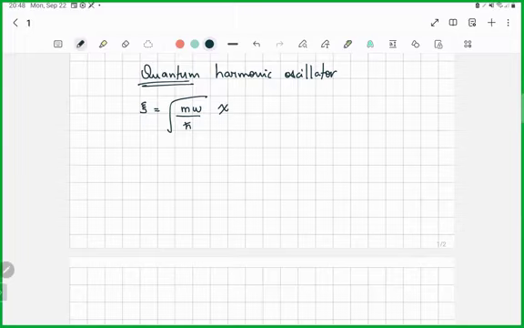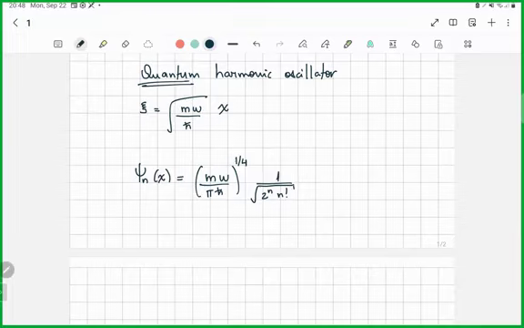And what is the solution for the harmonic oscillator? The solution is, this was the normalization factor for the ground state, okay? But for the first excited, second excited, we have more terms, which are contained in the square root.